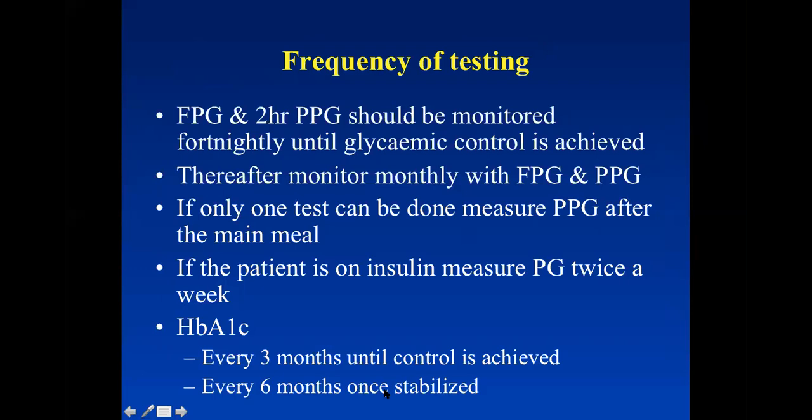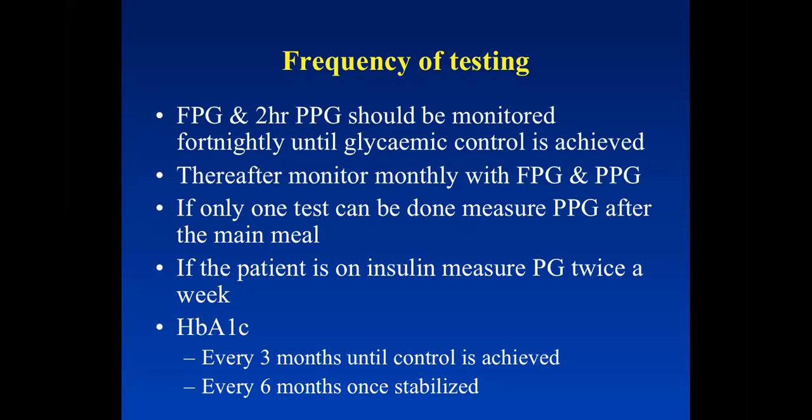So how frequently should we be testing these people who are on treatment? As soon as you diagnose a patient, we usually do short-term monitoring testing, fasting plasma glucose or 2-hour postprandial.